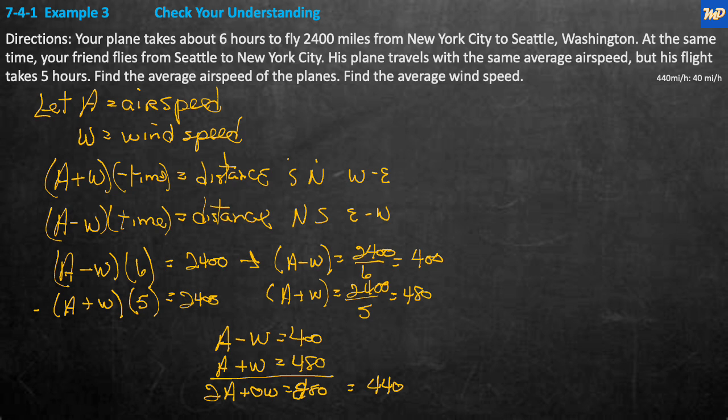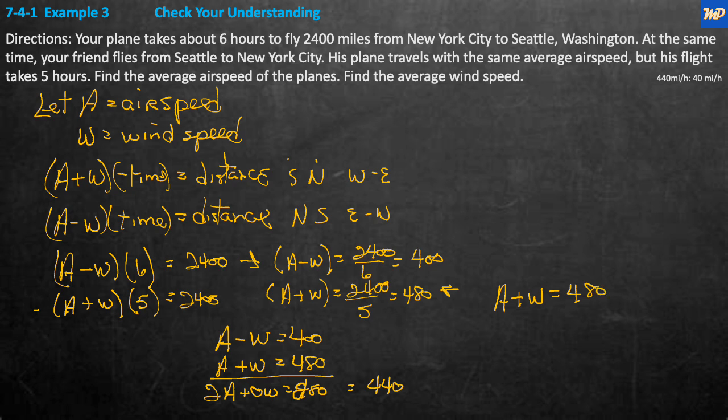So now we have A equal to 440, and we can substitute that in. We can pick any equation we want. Okay, I'll pick this equation, and I'm going to rewrite it so it's a little cleaner. It's going to be A plus W is equal to 480.